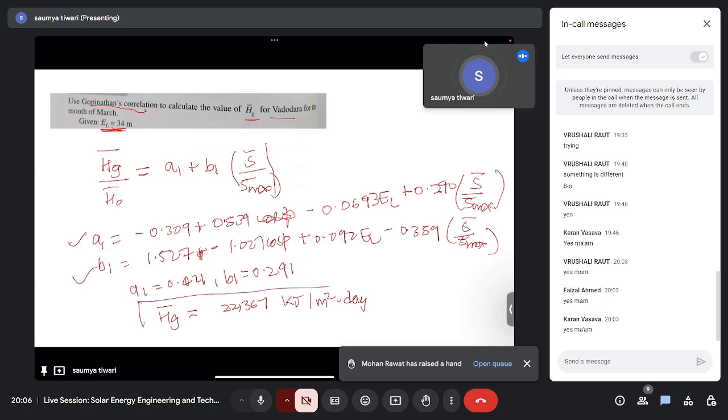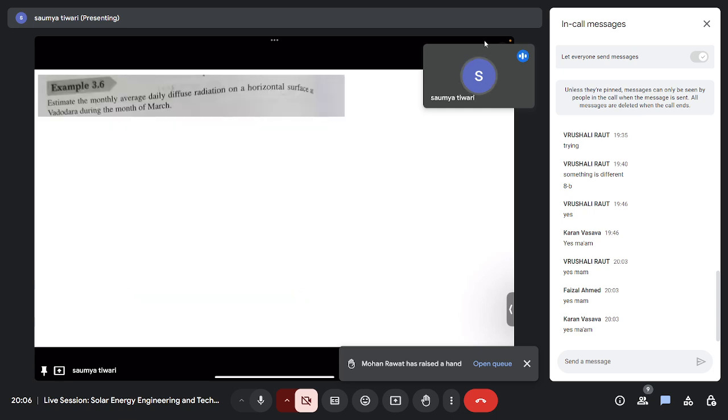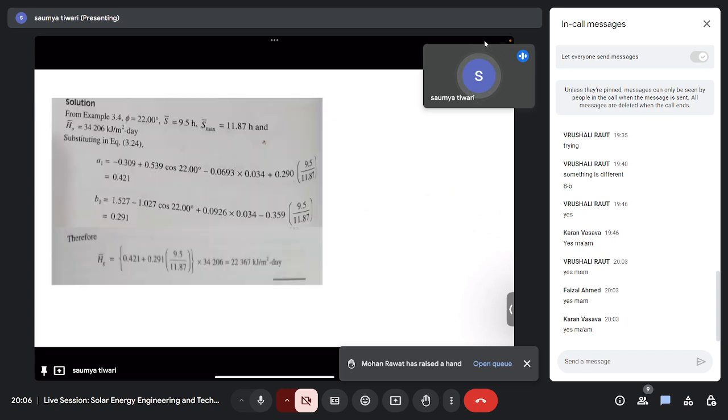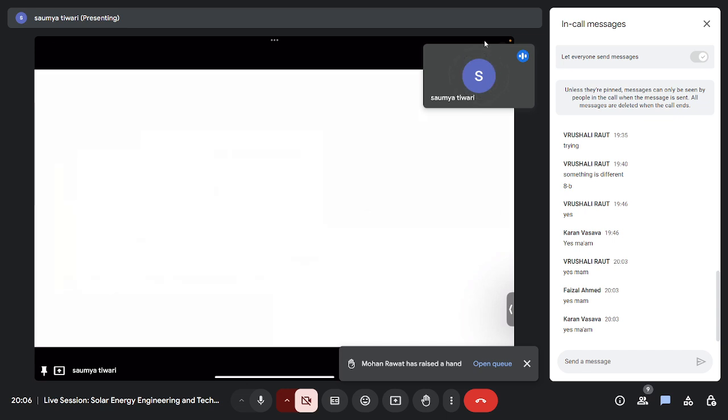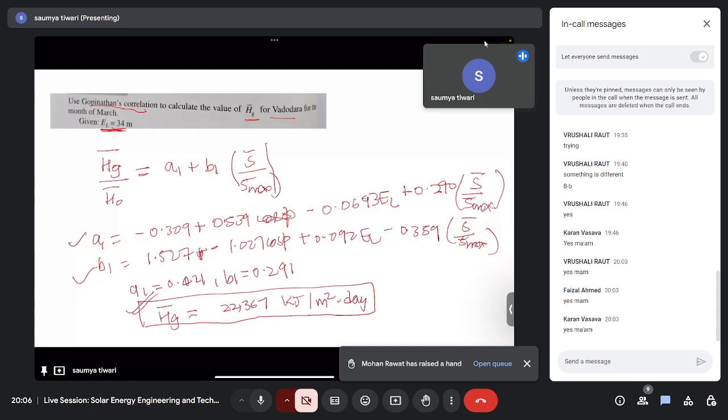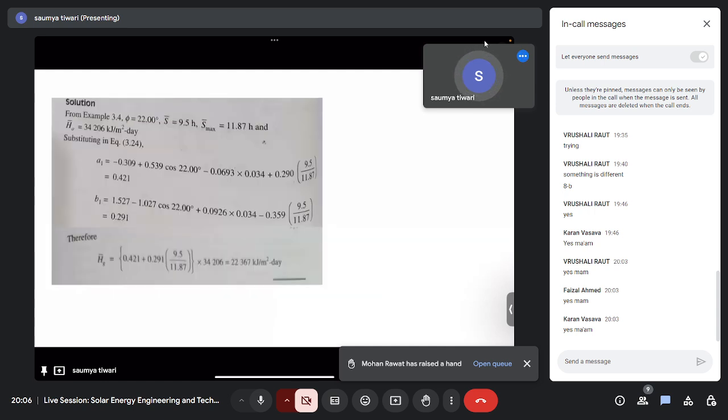It's not exact, but we get similar results from both empirical formulas. I've included this screenshot, so if my handwriting is not clear, you have a clear solution to refer back to later.